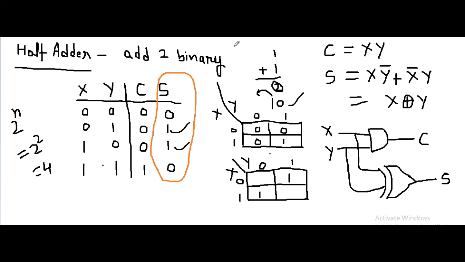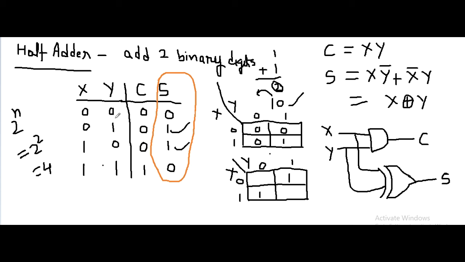Let's quickly revise this concept. A half adder adds two binary digits, 0 and 1. The possible combinations for these two bits are 0 0, 0 1, 1 0 and 1 1, and I have written out all the combinations on the right-hand side of this table.